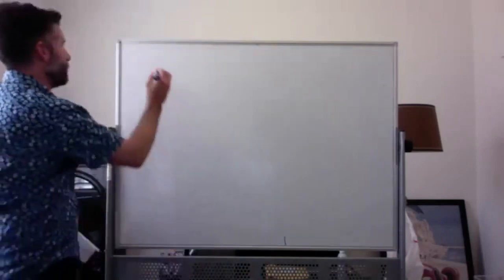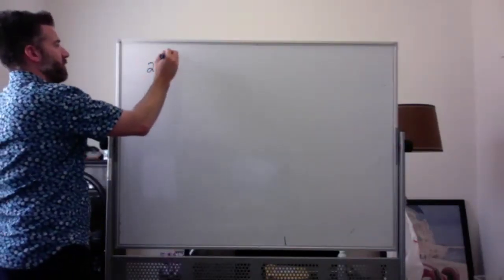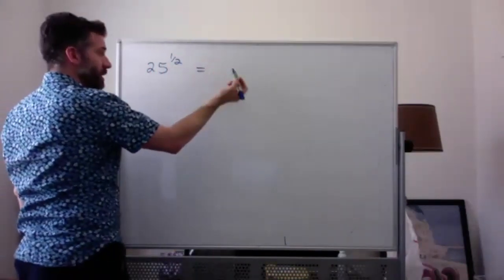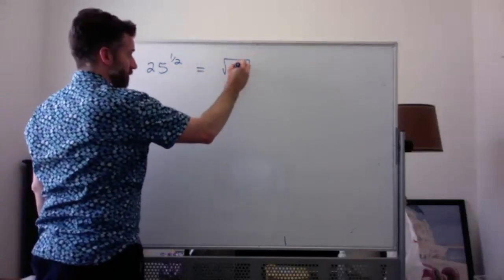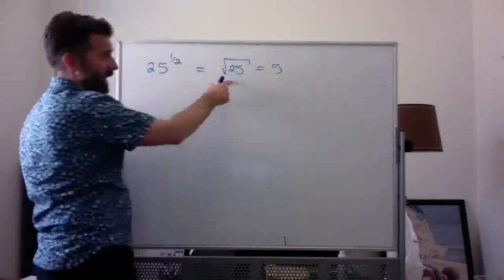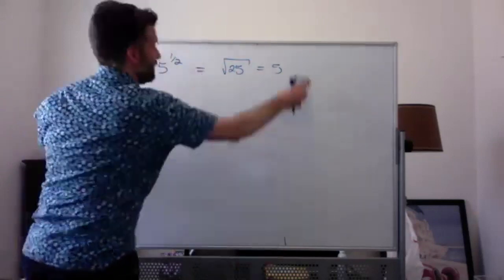For the same sort of reason, 25 to the 1/2 power is equal to the square root of 25, which is equal to 5. You don't even have to write this part here. We could just say it's equal to 5.